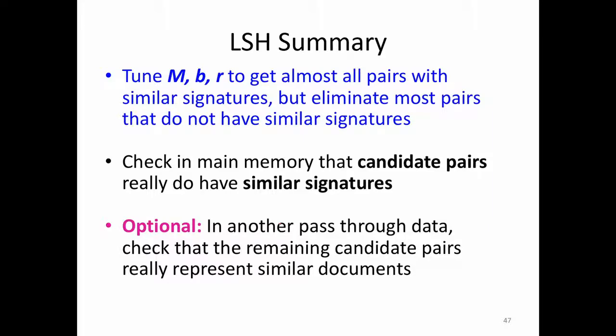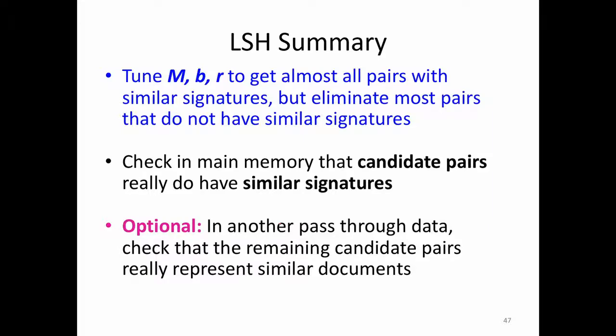In practice, when you set up an LSH scheme with a certain b and r, you can initially choose b to be very low and r to be very high, and then gradually increase b, because if you choose b to be very high, you may get many candidate pairs which you may not be able to process.